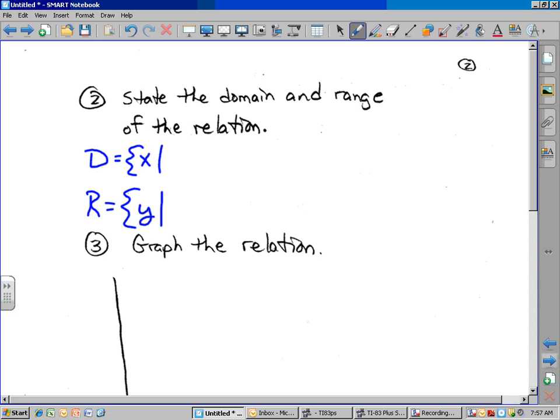So domain is equal to a set of X such that, here comes the numbers. So you guys are going to have to tell me what the numbers are because the data is on the other page. Who's going to tell me the numbers? Or I could just flip back and forth. What do you got? Whatever you feel is the domain.